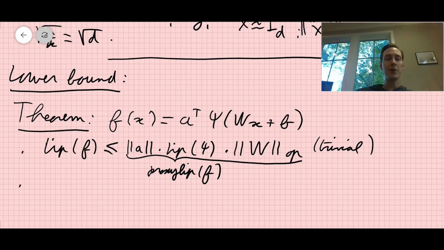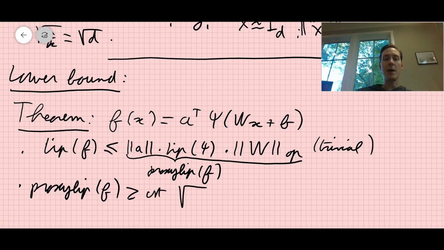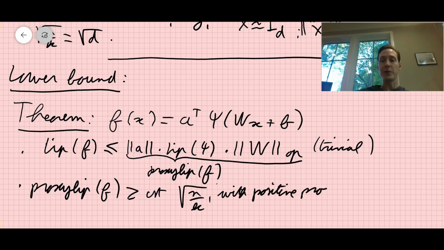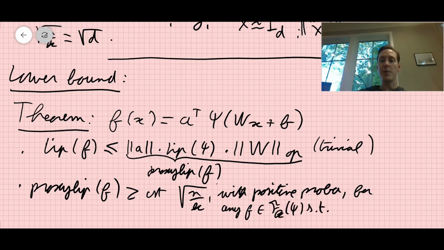And the more interesting part of the theorem is that the proxy Lipschitz constant of f is larger than some small constant times square root of n over k with high probability, or let's say in this case, I'm just going to prove it with positive probability to simplify, with respect to the drawing of the data set, for any f in F_k of psi that memorizes the data, such that f of x_i is equal to y_i.